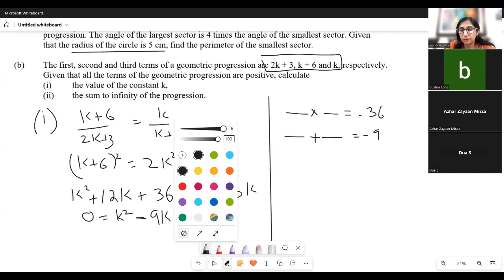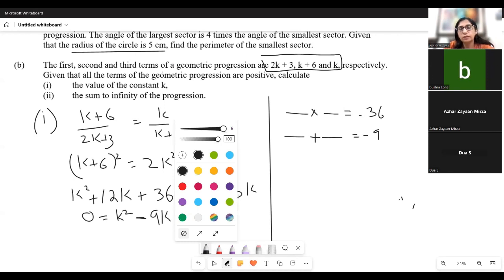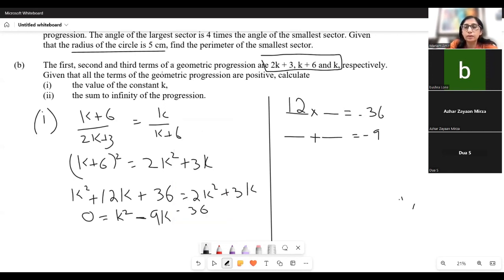We can get 36 by multiplying 4 and 9, or 12 and 3. Good. 12 times minus 3 gives us minus 36, but 12 plus minus 3 does not give us minus 9.